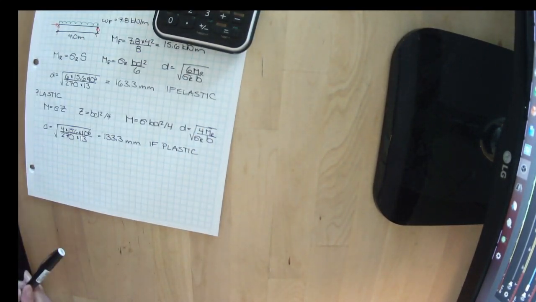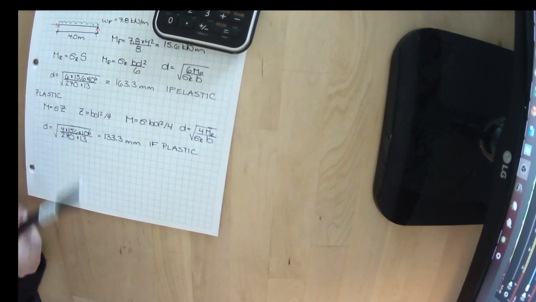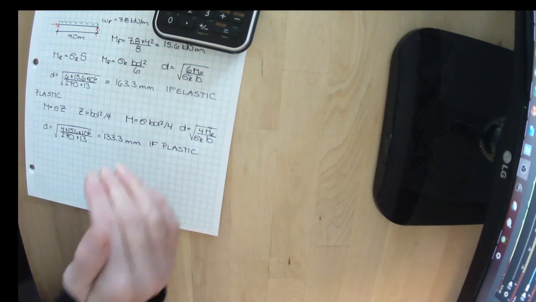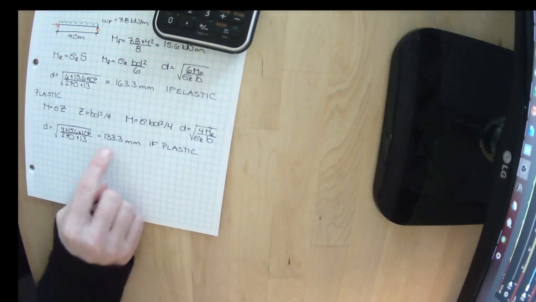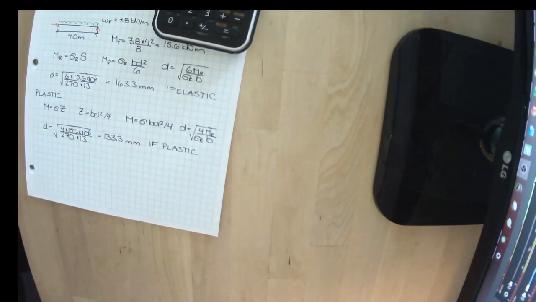So if we said that we allowed this to have some small amount of permanent deformation, we allow it to yield just down to the neutral axes, we can use a shallower beam.